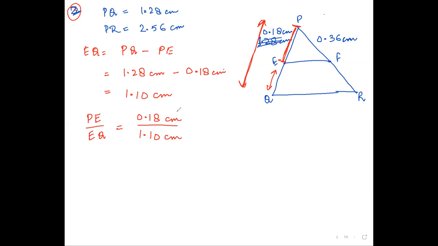First of all, this centimeter will be gone, so you will be left only with the numbers 0.18 divided by 1.10. In the answer, you are not going to get centimeter. Try to understand, Sarah, this sign means nothing.